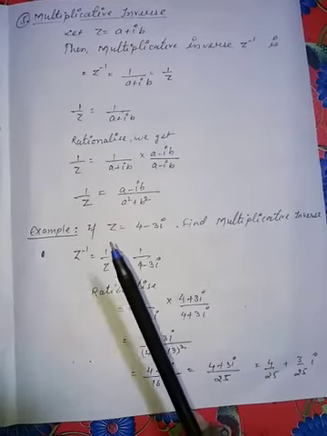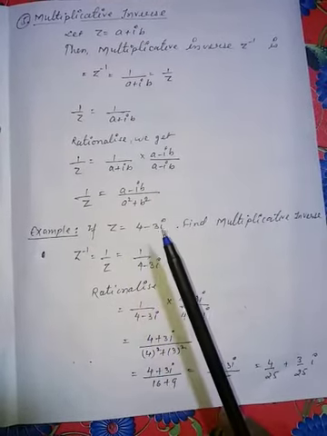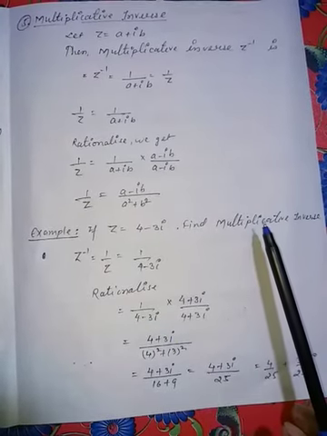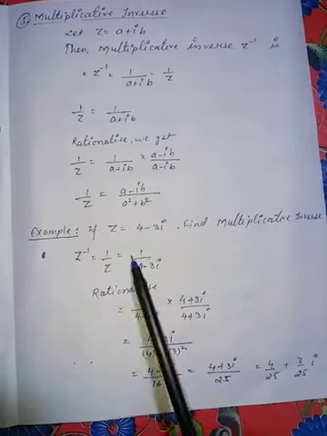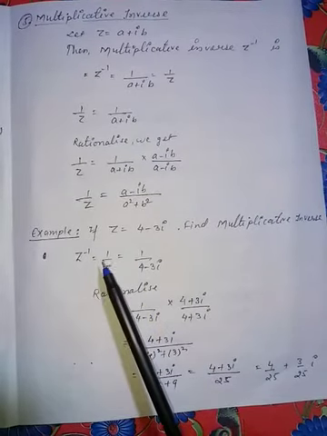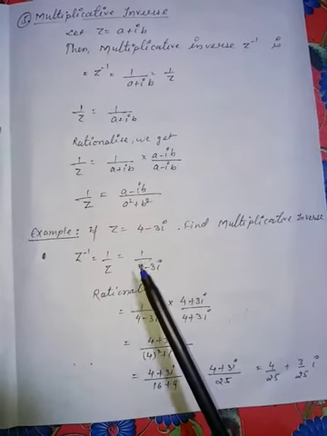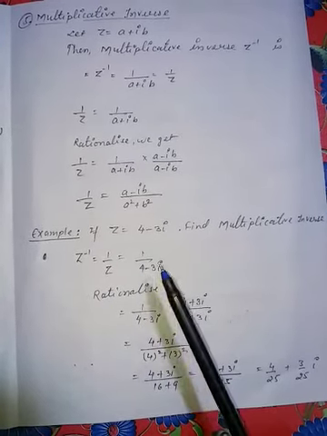If z equal to 4 minus 3i, find multiplicative inverse. z to power minus 1 is equal to 1 by z equal to 1 by 4 minus 3i.